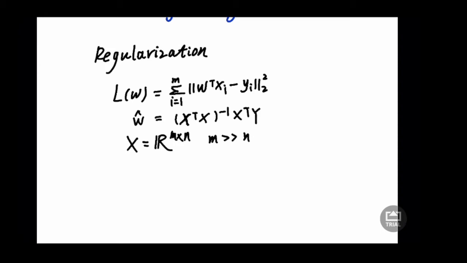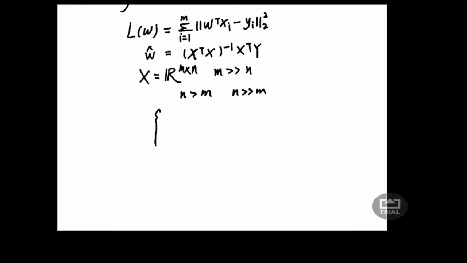It turns out N is bigger than M, or even worse, N is much bigger than M. Mathematically, it means X transpose X is uninvertible. In practice, it means overfitting.